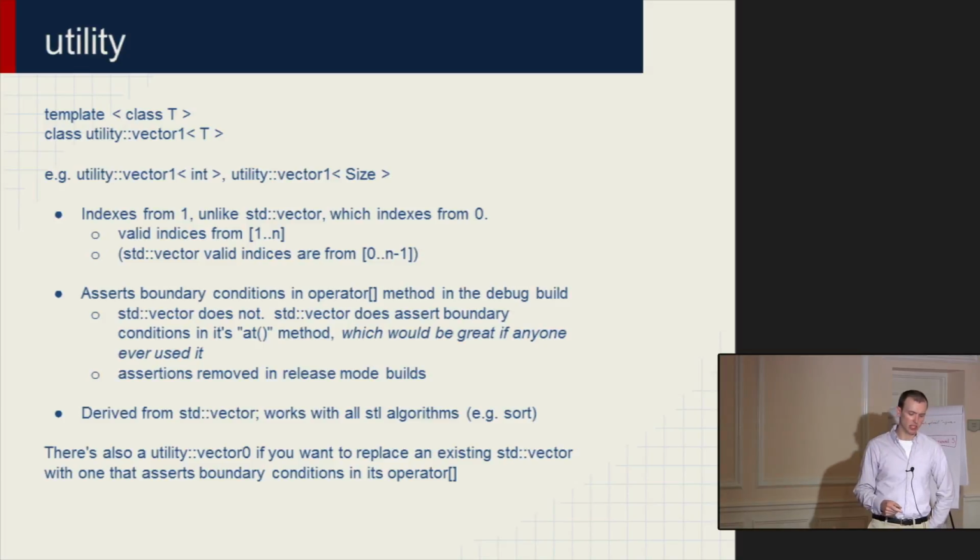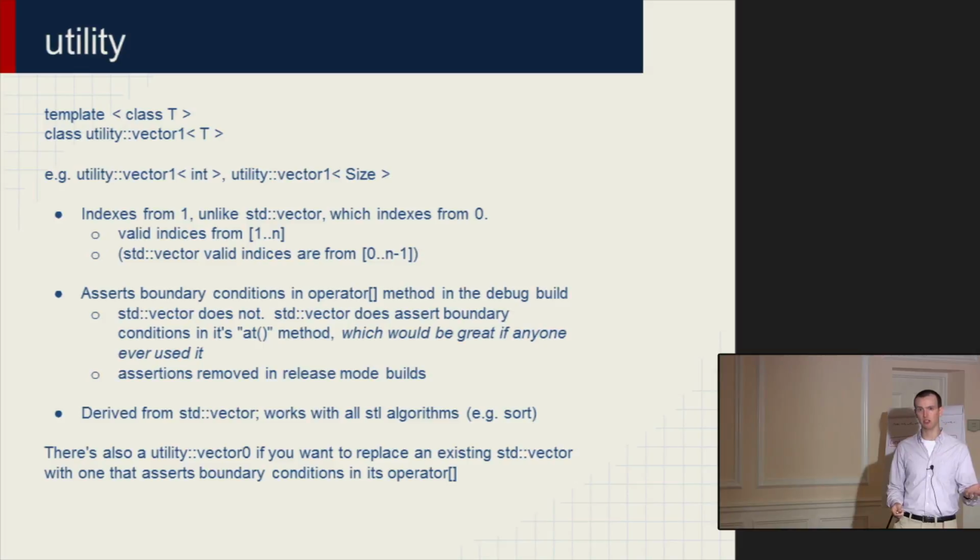Okay, so the other great thing about utility vector1 is that it asserts the boundary conditions in its operator brackets. So when you treat a utility vector1 like a C array, when you try to use it with the bracket operator, it will actually go and make sure in debug mode that the index that you give it is within the range from 1 to n.